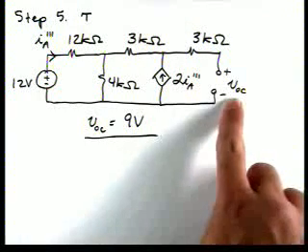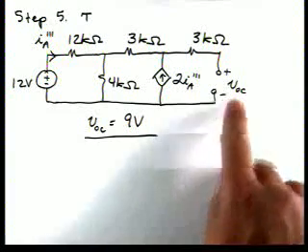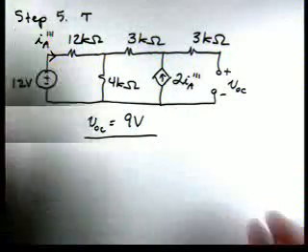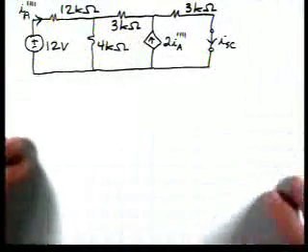When we calculated VC of infinity, that was also the open circuit voltage. So we've already calculated the open circuit voltage. Now we need to calculate the short circuit current. So here's our circuit for calculating the short circuit current.